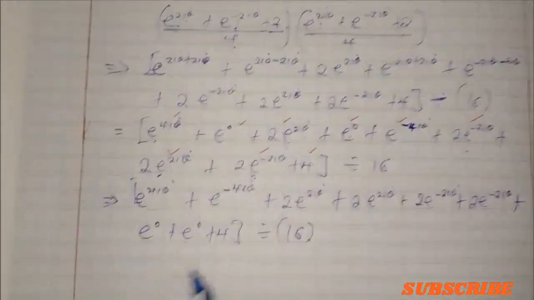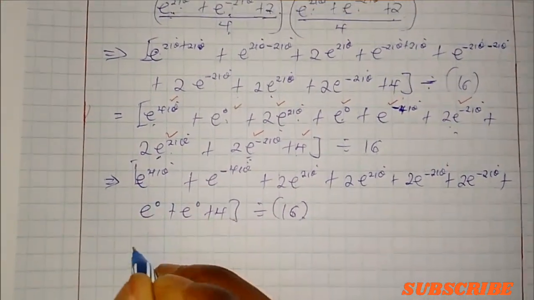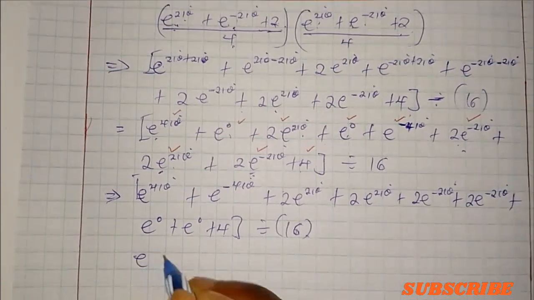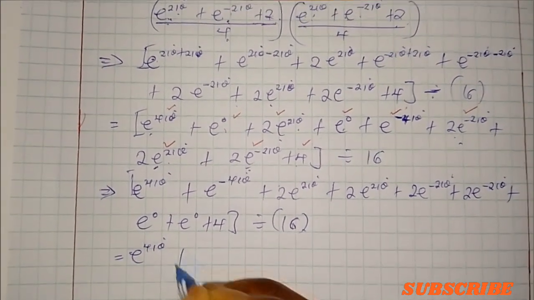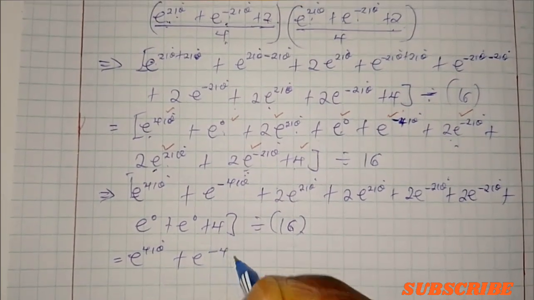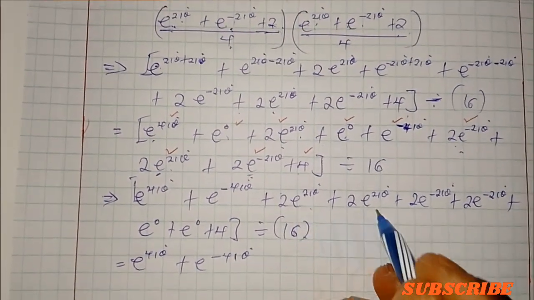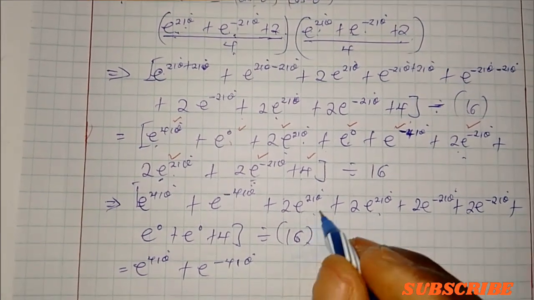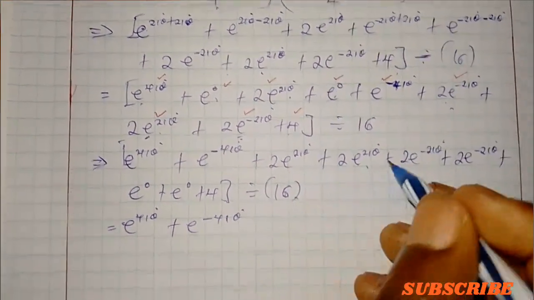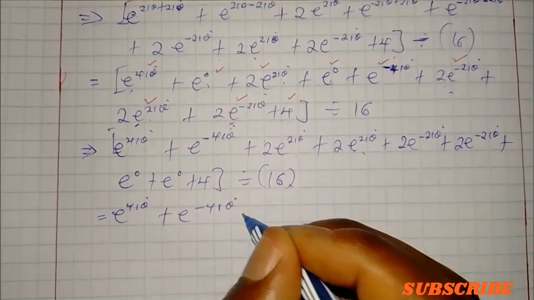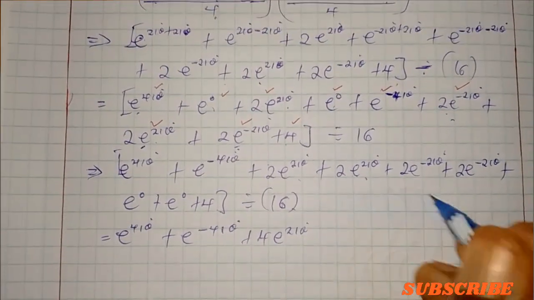Are we there? Let's now simplify. So e raised to power 4i theta plus e raised to power negative 4i theta. This and this are the same, so it becomes what? 2e raised to power 2i theta plus 2e raised to power 2i theta becomes 4e^(2i theta).